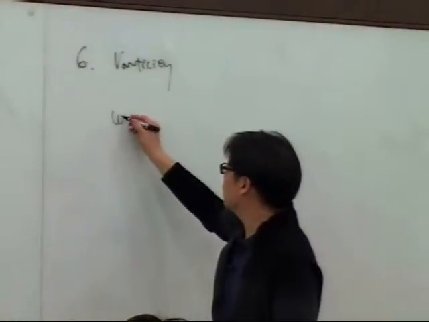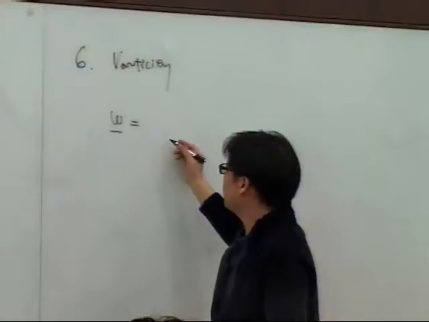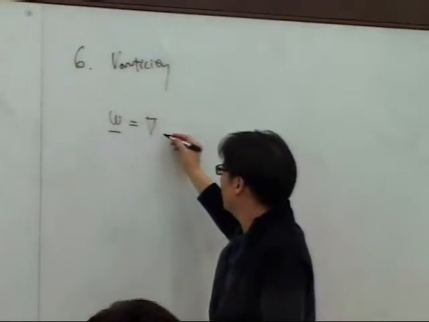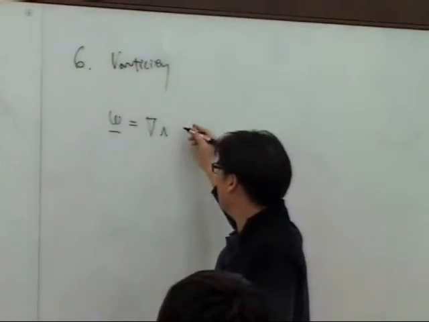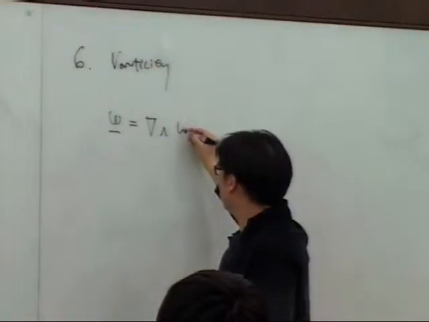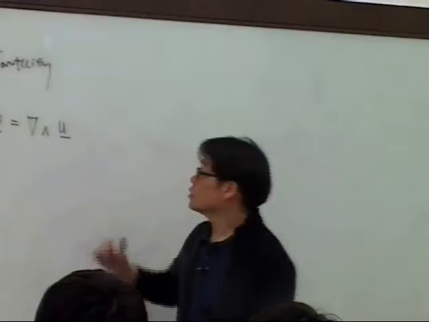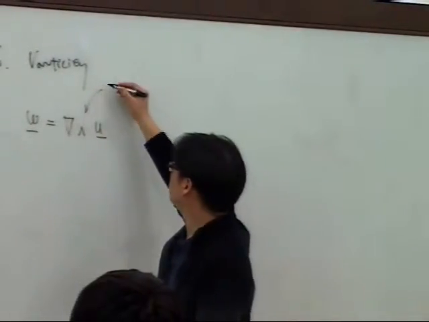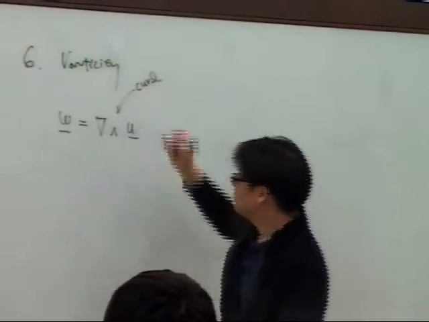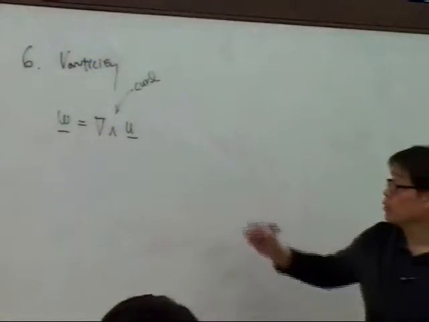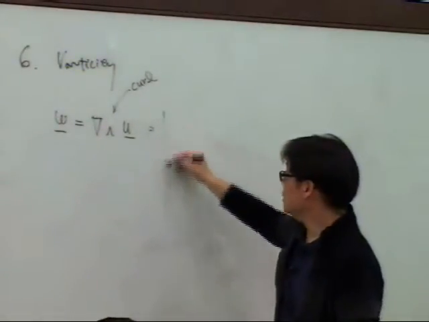So vorticity is a quantity we define as the curl of the velocity vector. So this is curl. I hope you understand what it means.